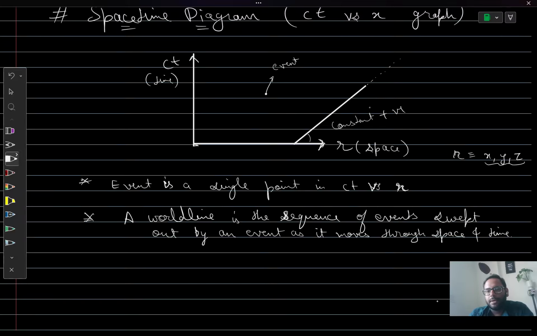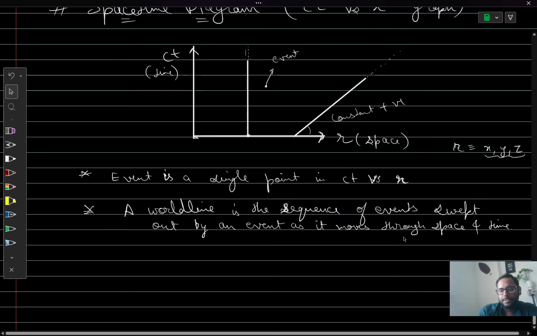Or say the particle stops somewhere. What will happen for a particle if it stops somewhere? It is here, then the world line will look like this, because it is always moving along the time dimension, of course.